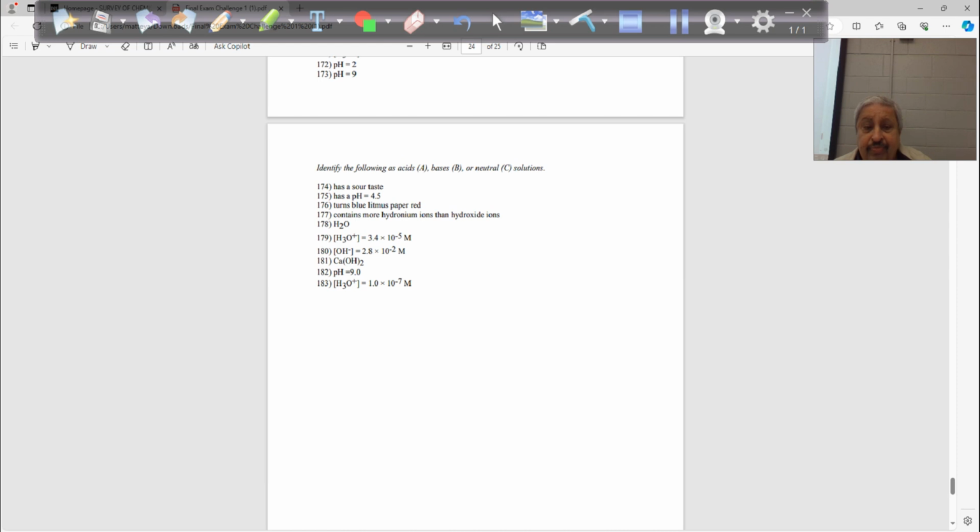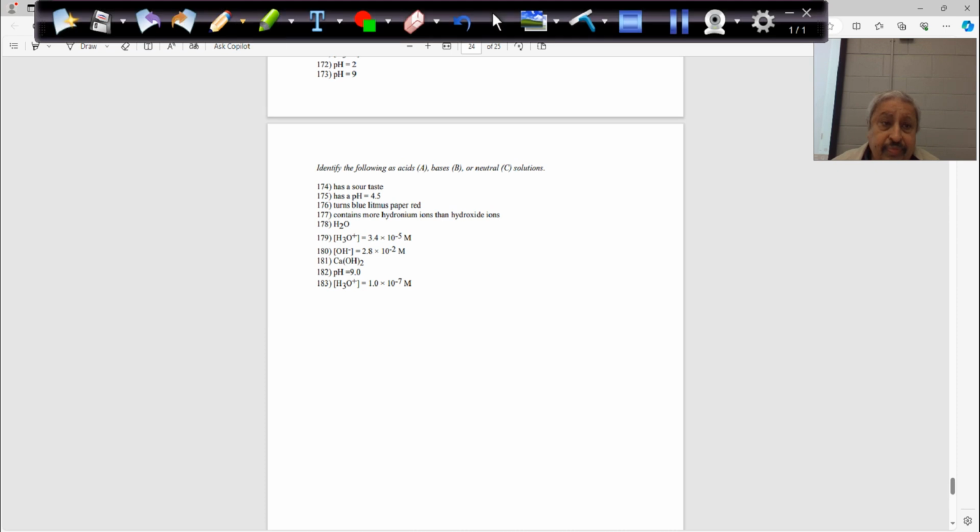You can look at it from here. When it says sour taste, that's acidic, correct? When it says pH 4.5, that's about 5, the pH will be what? Acidic, correct?